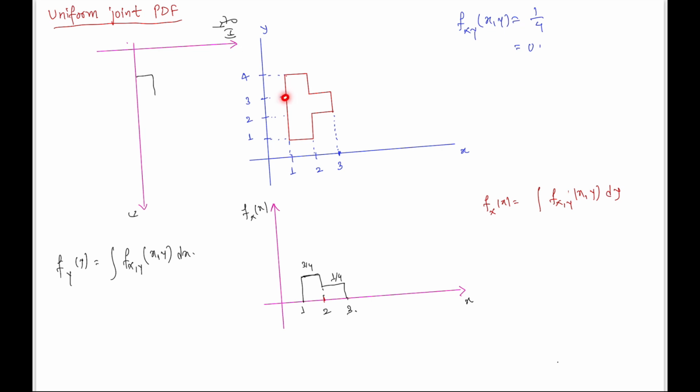And for this region where x varies from 1 to 3, the difference would be 2, and we have the probability 1 divided by 4, so that would be 1 divided by 2. Right? And again, for this region of y, x varies from 1 to 2, so again we will have the height 1 divided by 4.